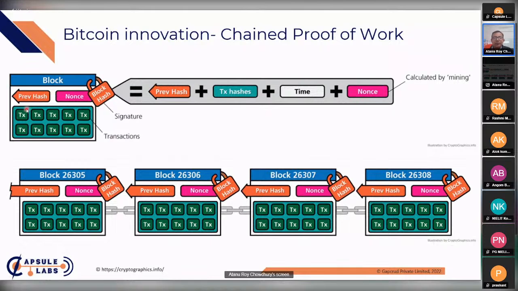By having this previous hash, if any of the previous blocks get changed, the subsequent hash would no longer match. Therefore, any other subsequent block would also not match. So that's how we have created this chained proof of work, starting with what is called the ground zero, or the genesis block itself.